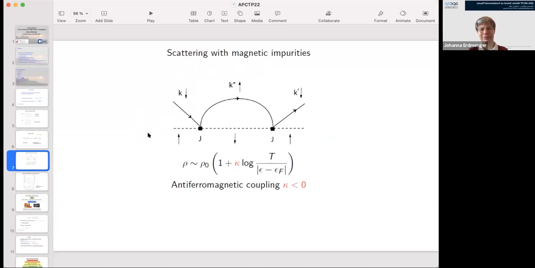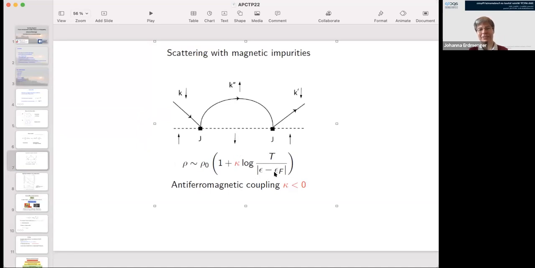The impurity spin just sits here and doesn't move, so it just propagates in time; this is the dashed line. Then an electron comes and scatters, and so there's this one-loop diagram like this. In this way he was able to calculate resistivity, and the main point is that the resistivity gets a logarithmic contribution.